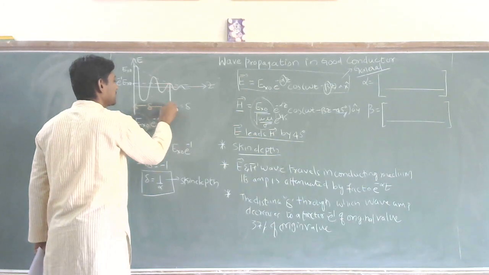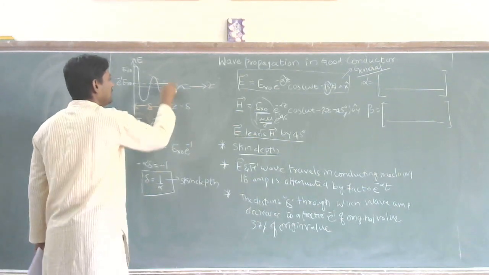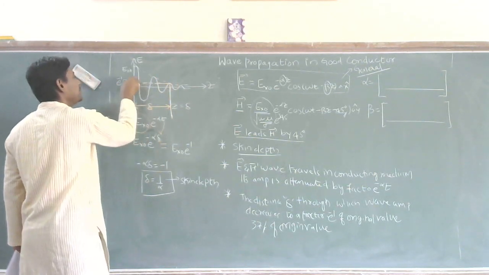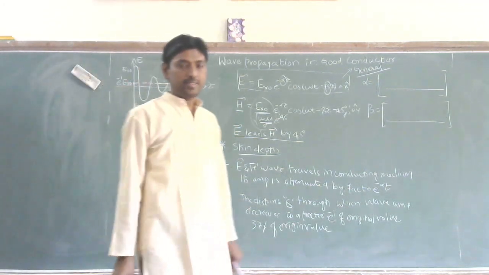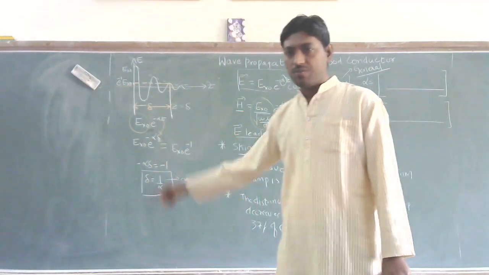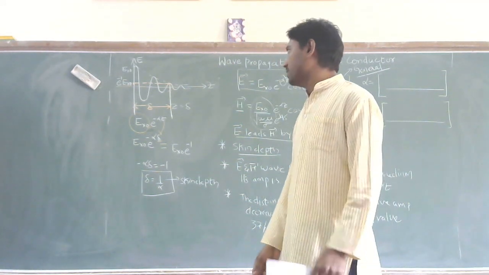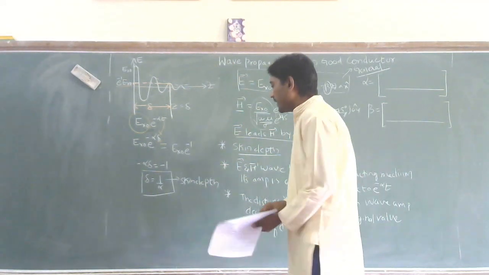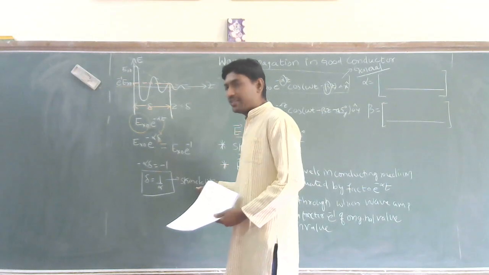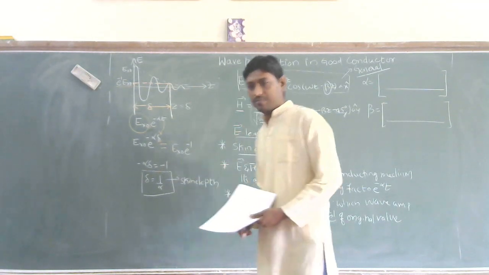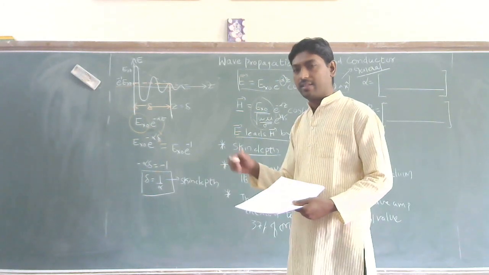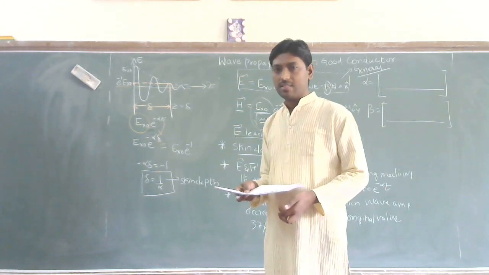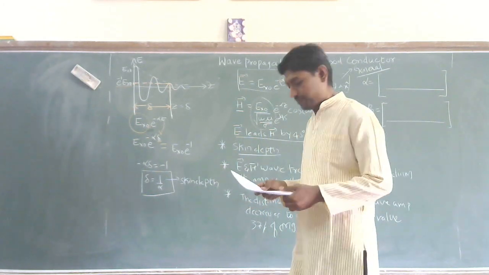If you travel a distance of delta, its amplitude will fall by a factor e to the power minus 1 of its original value, and that is called the skin depth of that conducting medium. E to the power minus 1 means about 37% of the original value.